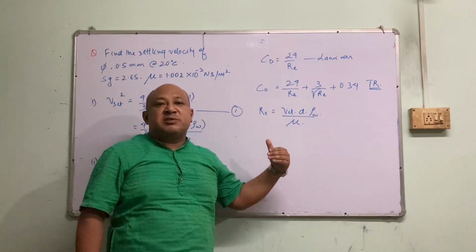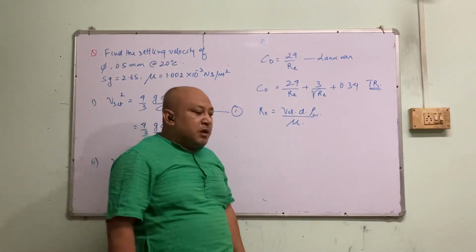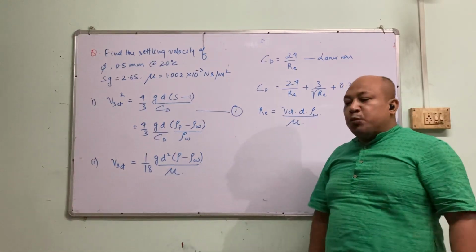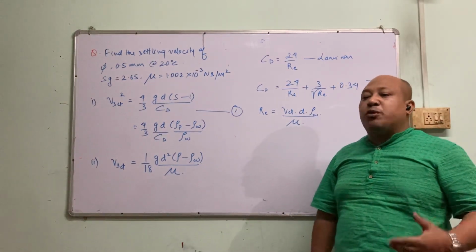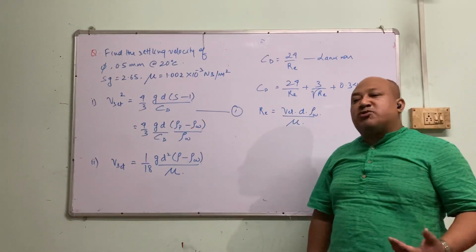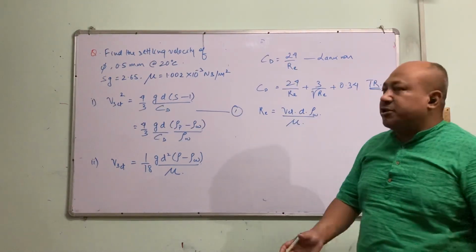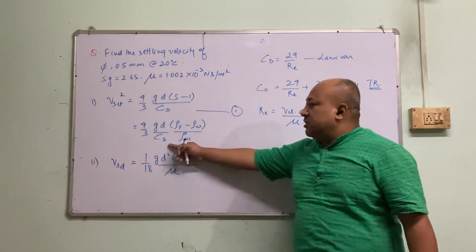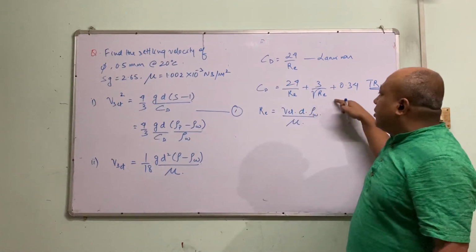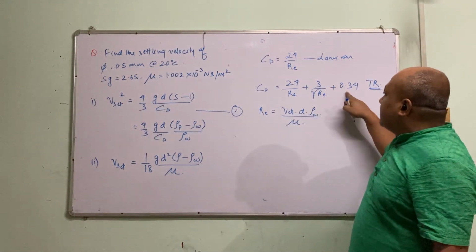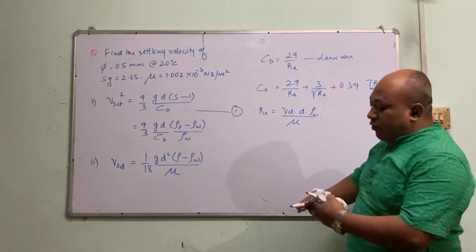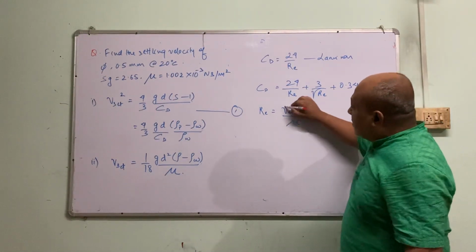So it is quite a contradictory statement, right? Our objective is to find the settling velocity of the particle. We don't know whether it is transitional or laminar. We just try to assume either laminar or transitional, but in both cases the CD value is 24 by Re, or with the addition of 3 by root Re plus 0.34, and the Reynolds number again involves the settling velocity.